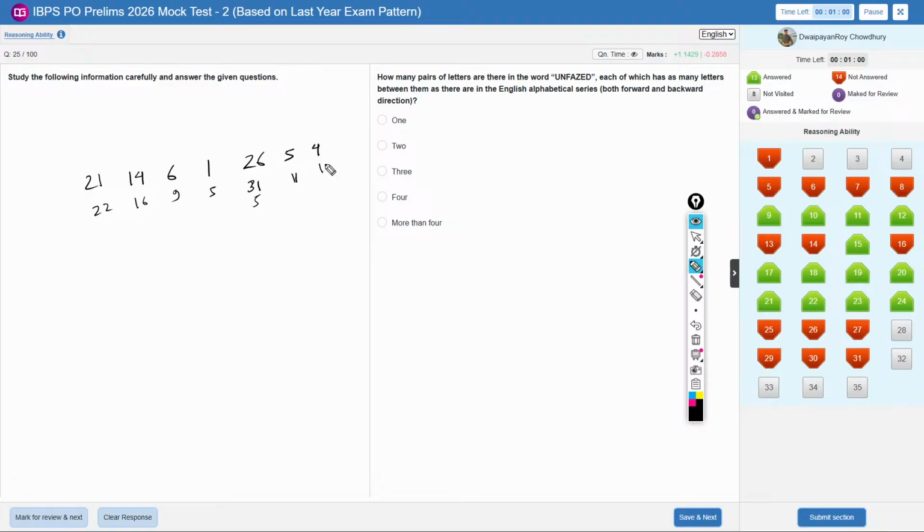Then again, 1, 2, 3, 4, 5, 6, 7. No, only 5, only 11, 5. So 3.